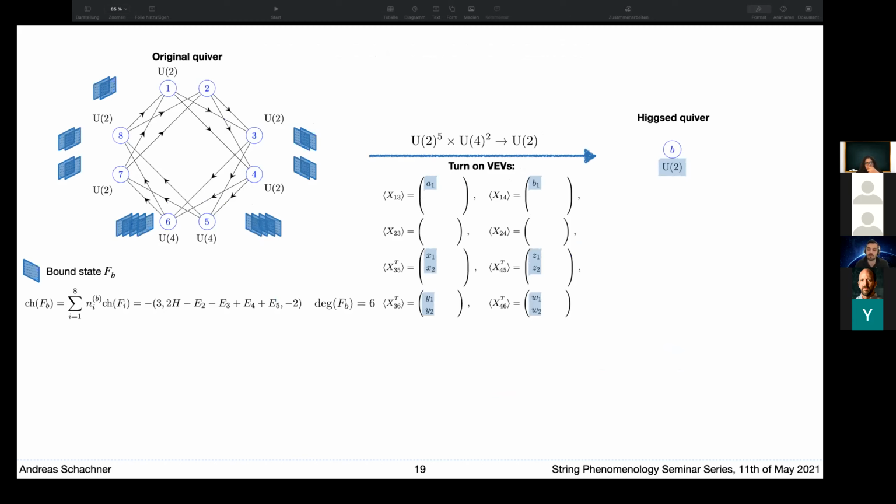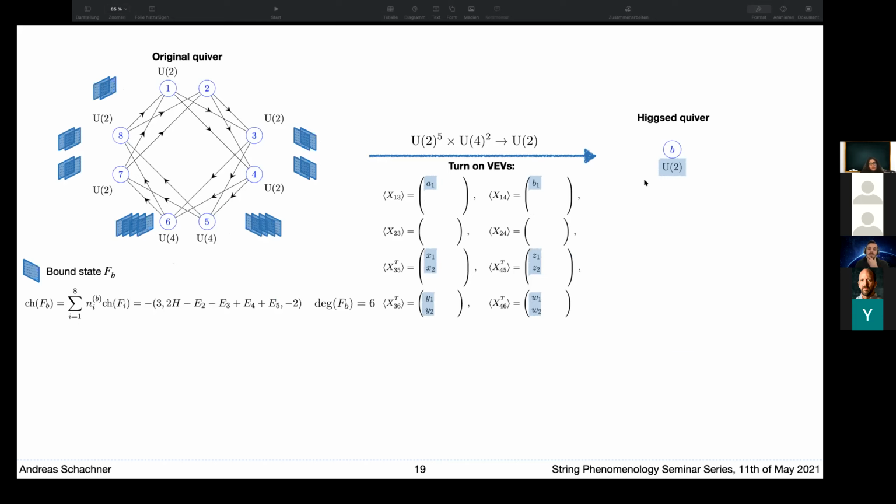So how does this building of bound states work? We take a bunch of fractional branes at each of our nodes, and then we take a linear combination of all of the charge vectors, where the multiplicities appearing in the sum are illustrated in this diagram up here. We can condense all of these fractional branes to a single node by turning on VEVs for our bifundamental matter fields. And turning on these VEVs, we find that in the Higgs quiver, we have only a single node corresponding to our bound state.